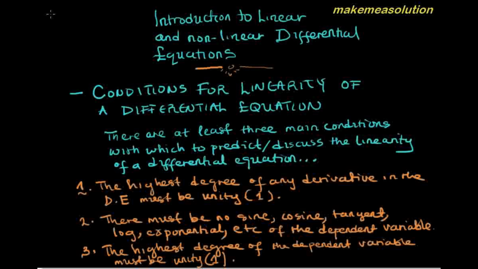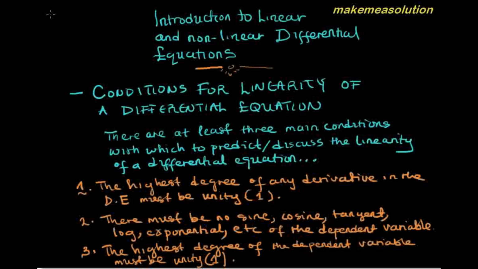The second condition is that there must be no sine, no cosine, no tangent, no log, no exponential, no hyperbolic sine or cosine or tangent of the dependent variable. Now your dependent variable, I hope you'll still remember how to discover the dependent variable. If you don't remember, check up in my previous videos on how to find the dependent variable in a particular differential equation.